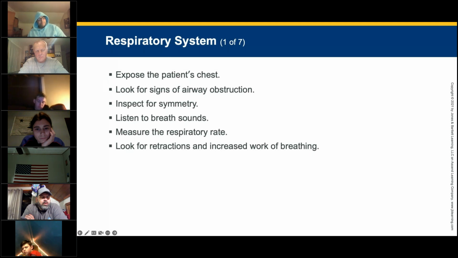So, to evaluate the respiratory system, you're going to need to expose the patient's chest. You're going to need to look for signs of an airway obstruction. You're going to need to inspect for symmetry, so you're looking to make sure that the lungs or the chest is rising and falling the same on both sides. You're going to listen to their breath sounds. You're going to measure their respiratory rate, and you're going to look for retractions and the increased work of breathing.